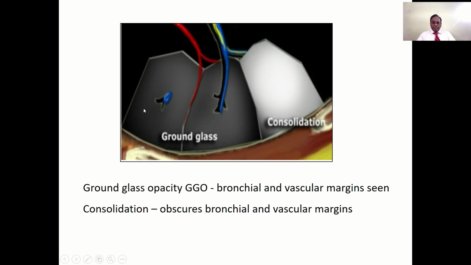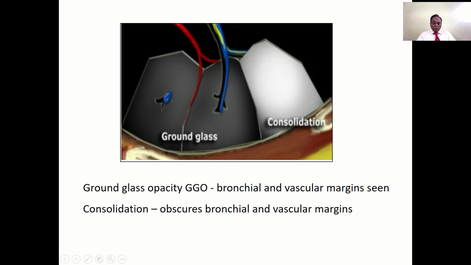How to differentiate consolidation versus ground glass? It's a very important one. It's an exam question also. In ground glass opacity, you can nicely see the bronchovascular markings. It's only an illustration. Look at the ground glass and the consolidation. Consolidation means the whole alveoli are filled with exudate, so you cannot see any bronchovascular marking.